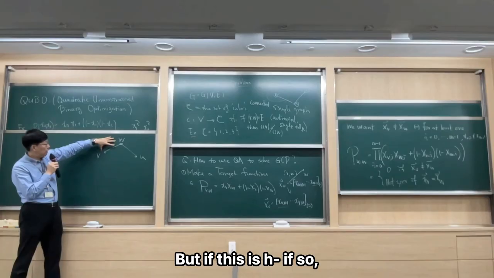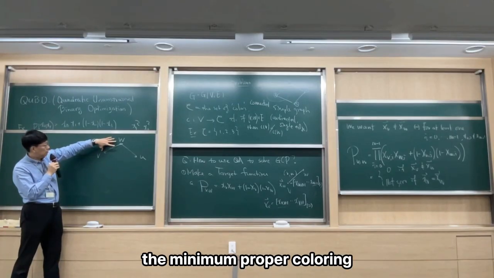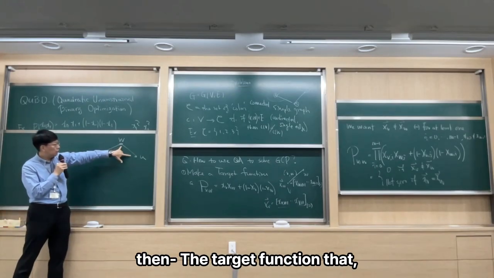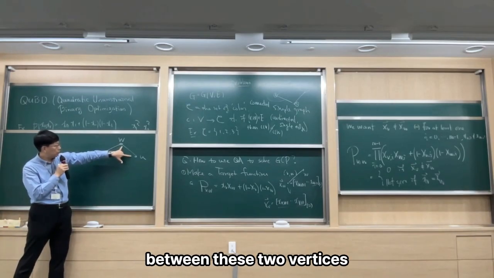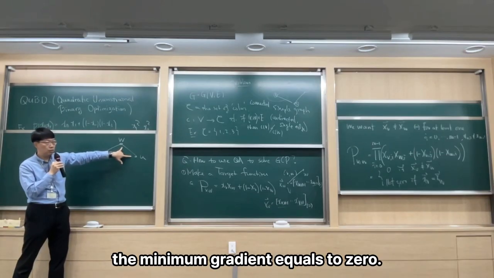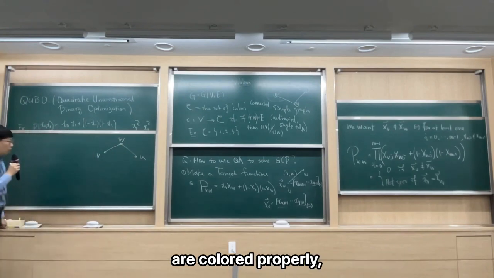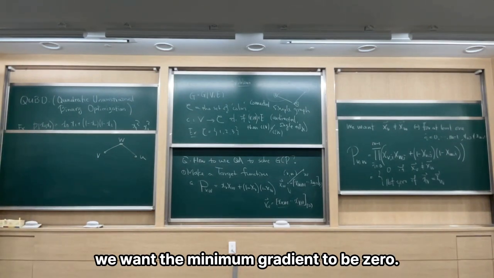Let's say the function that gives you the minimum for a proper coloring has a minimum value of 0. Then the target function that checks the proper coloring between these two vertices also has to have the minimum value equal to 0. So whenever these graphs are colored properly, you want the minimum value to be 0.